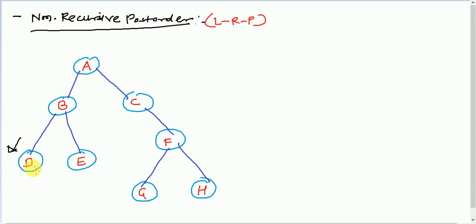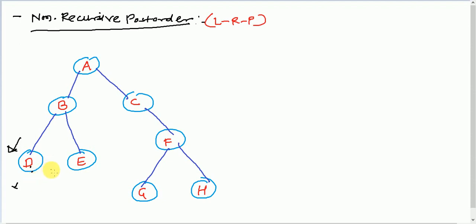Once it goes to the leftmost part and its left part is null, the root is null, then we'll take D. Let's say it has some right child, say X. Then I'll go to the right and take X. But if it doesn't have left and right child, then we take this node D itself.